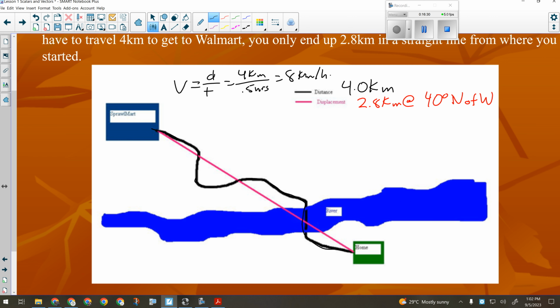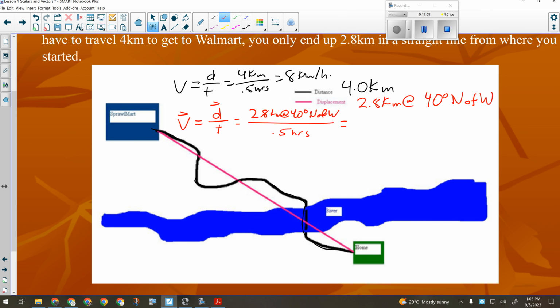Same number or different number? Remember, velocity is a vector. It's displacement divided by time. So I only changed my position in half an hour by 2.8 kilometers at 40 degrees north of west, divided by 0.5 hours.